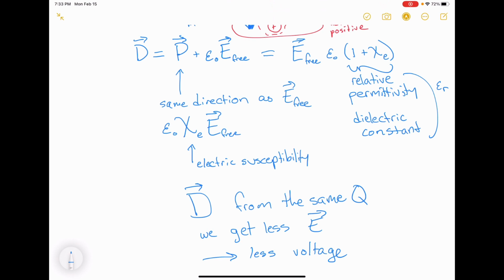Or if you want to think about this in a positive way, for the same voltage, a capacitor with a higher dielectric constant can hold more charge. It has higher capacitance, higher capacity for charge.